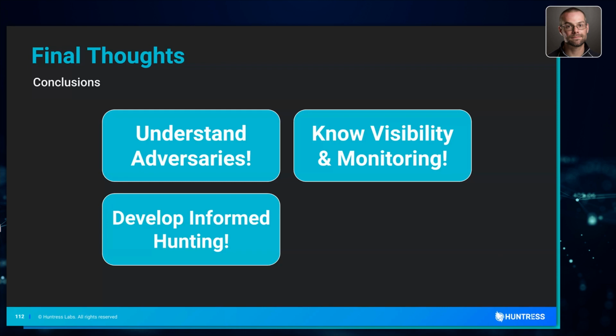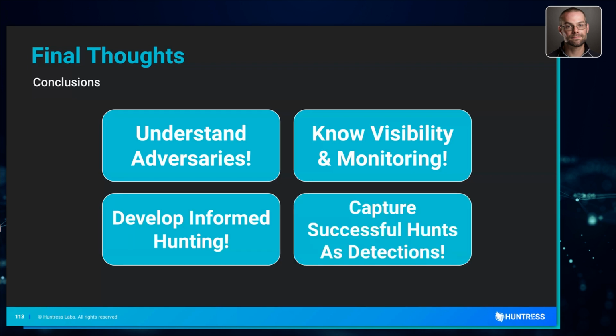At that point, we can start informed hunting by leveraging our understanding of our own environment and what adversaries are doing to come up with relevant, accurate, testable hunting hypotheses for the defended environment, and finish this by capturing successful hunts and doing the best that we can to transition these into detections of some sort that will maintain the long-term security and viability of our environment.